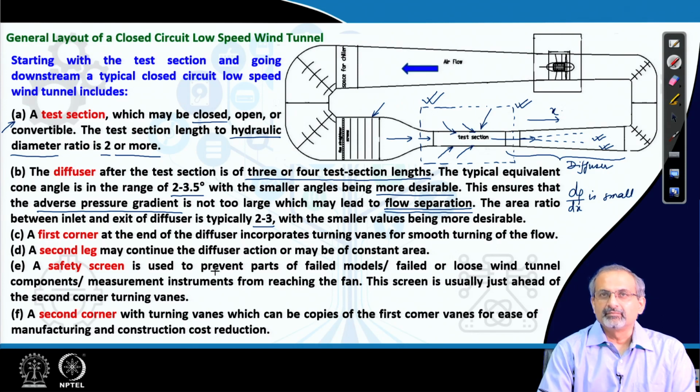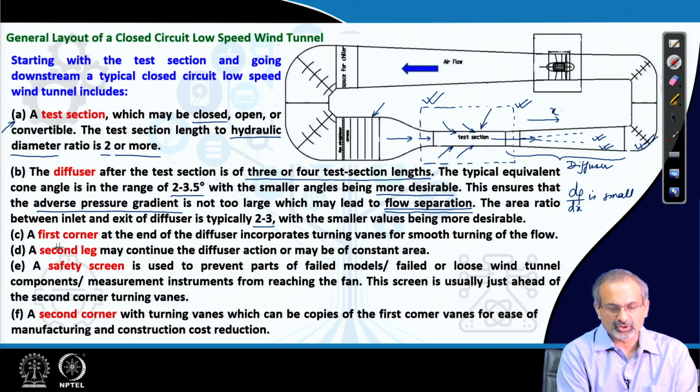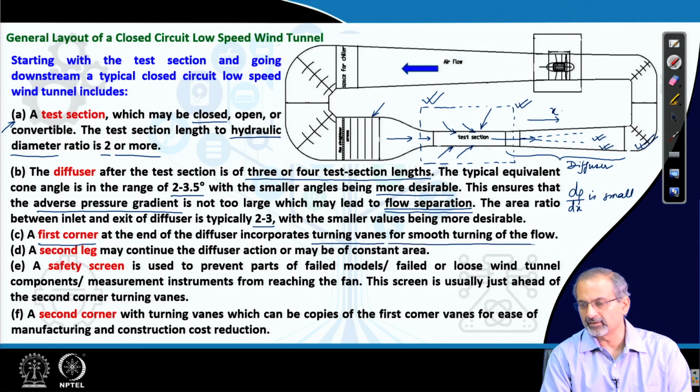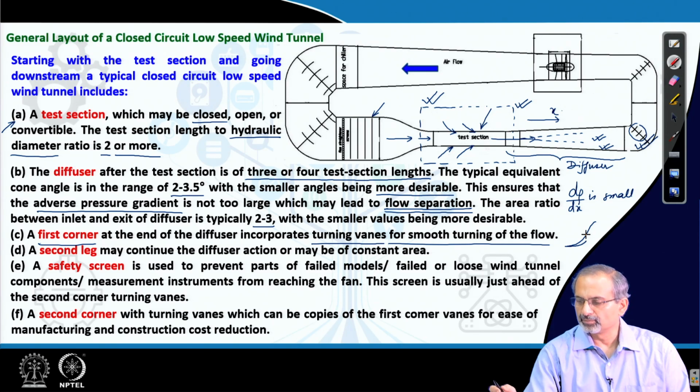After it reaches the end of the diffuser, there is a corner. That is the first corner, and that has turning vanes for smooth turning of the flow. These lines which you can see over here are turning vanes. They are more like airfoil sections. So, when you are looking at the flow approaching the end of the diffuser and then going into the turning vanes, they will be shaped like this.